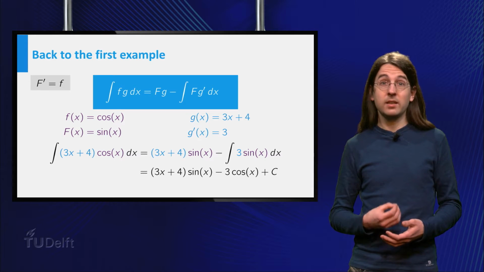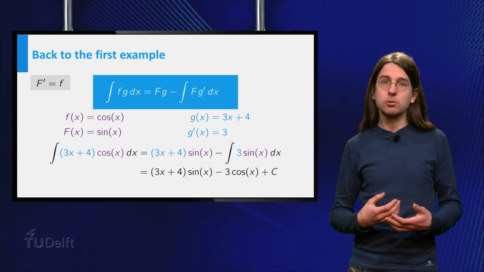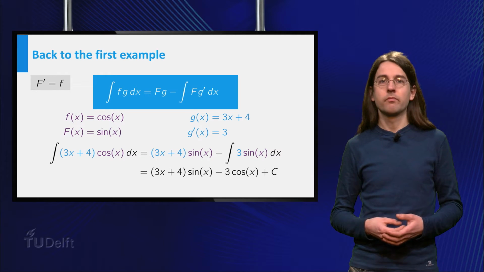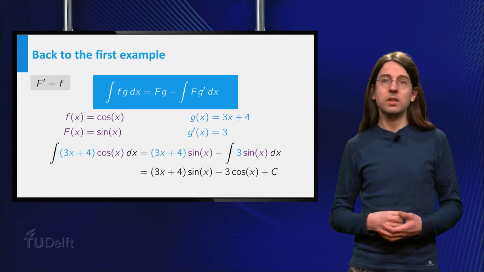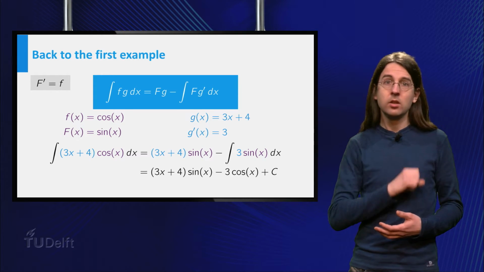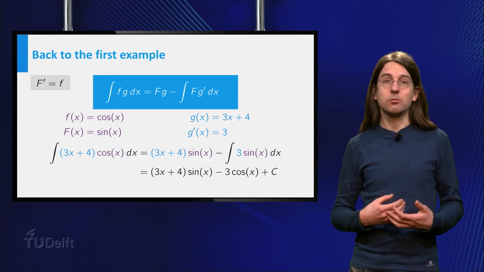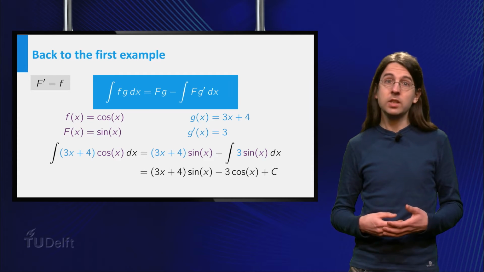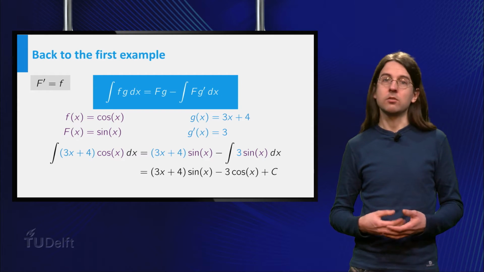If you are calculating an integral and want to use integration by parts, there are several choices you have to make. First, you need to decide how you write the original integrand as a product of two functions. Secondly, you need to choose which of the two functions plays the role of g and will be differentiated, and which is f and needs to be integrated.